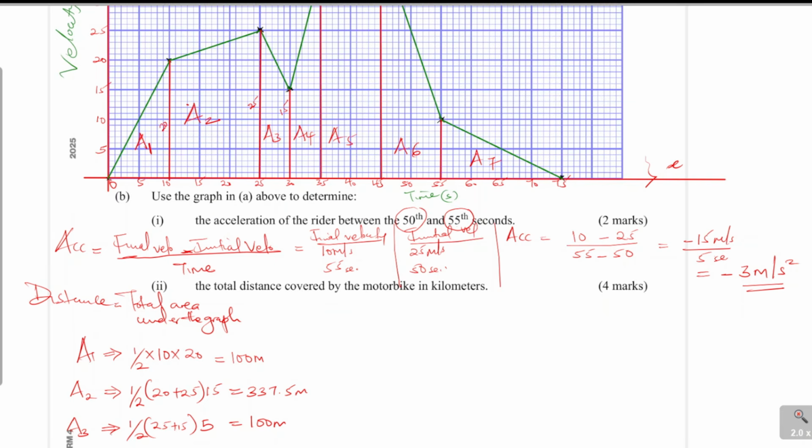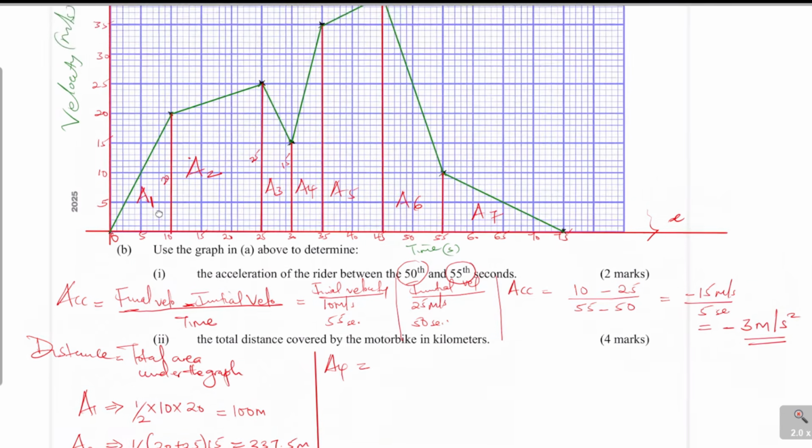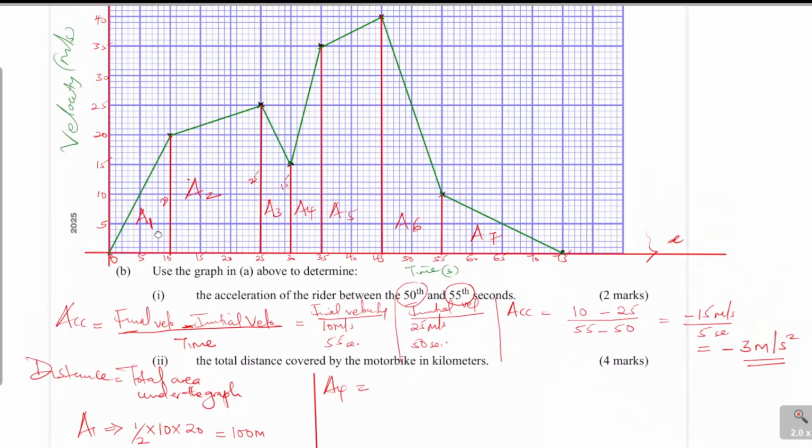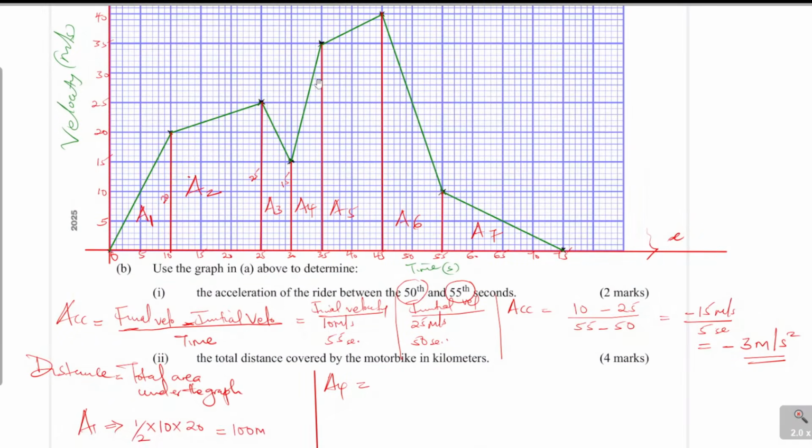We go to area 4. Area 4 is still a trapezium. We can get the height up to this point, and this will be 35.